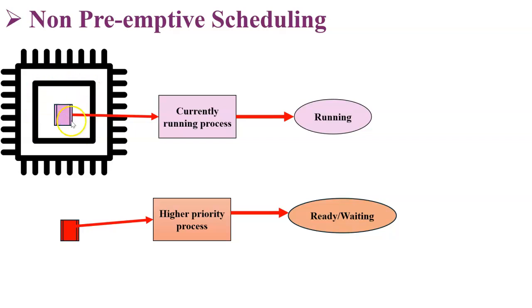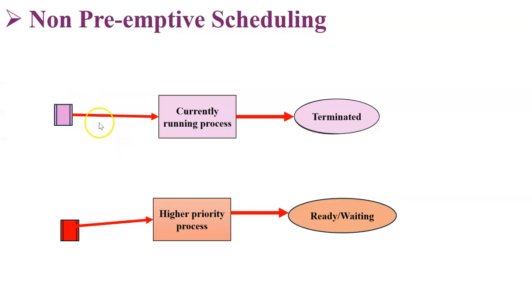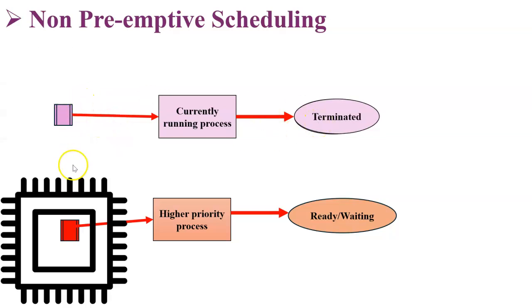Earlier, one process is already executing on the CPU. As soon as it completes its execution, it terminates itself and the CPU will be allocated to the highest priority process. This is non-preemptive. That means even if a higher priority process comes into the picture, the process currently holding the CPU will complete its execution and only then will the higher priority task get the CPU.